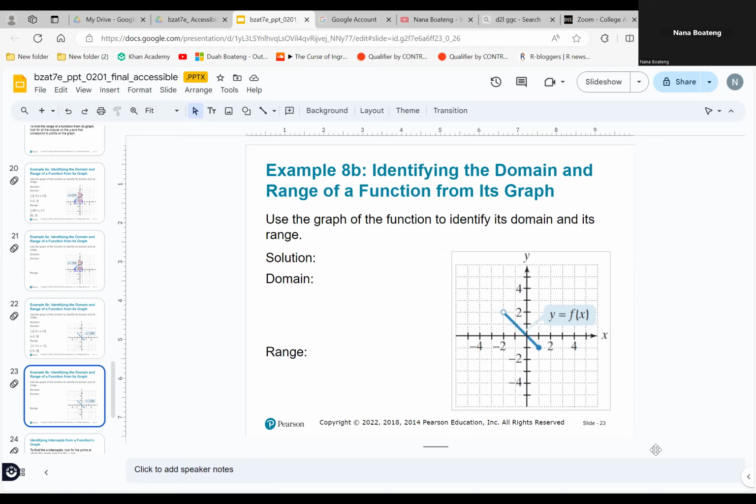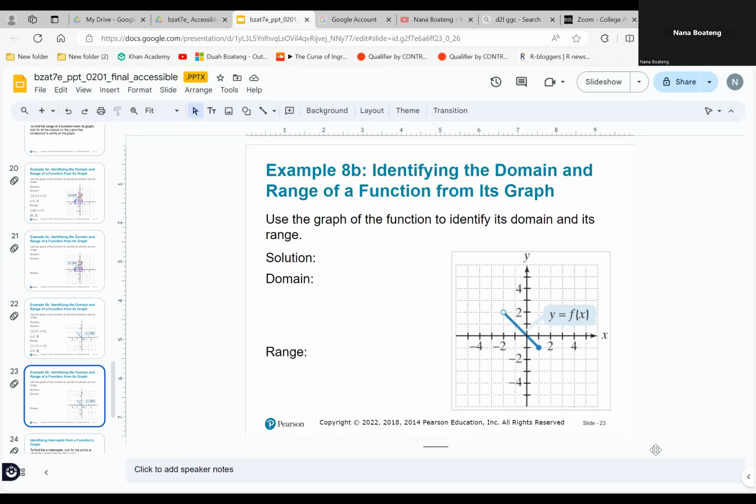And on the y-axis, the function lies between -1 and +2. It goes from -1, which is the lowest point of the function, to +2.